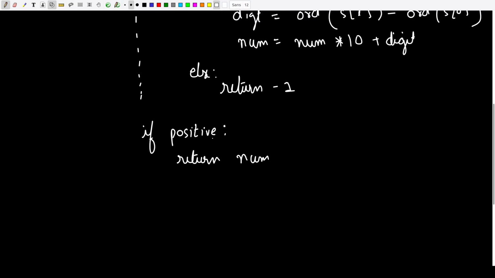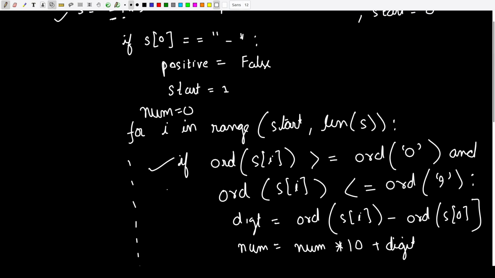Otherwise we are going to return negative of number. So that's the simple logic for this problem, and the running time complexity, as you can see, is order of length of string s.